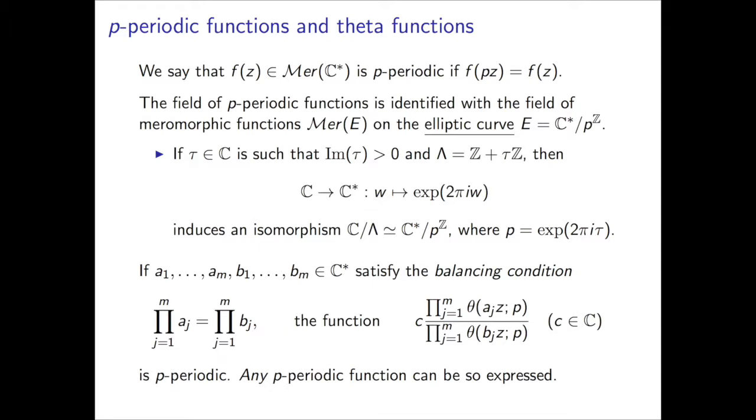And what's going to happen is that if you stare at the functional equation, and try to modify this whole thing by changing z to pz, these aj's and bj's are going to come out together with some z inverses, and they're going to cancel exactly because you have the same number of them and this equation is satisfied.